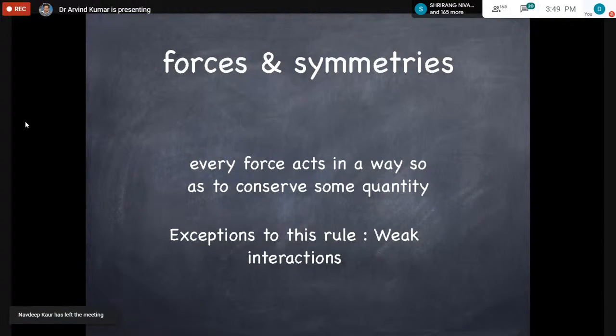So you're saying that if the force carrier is massive, maybe the symmetry is broken. Now that is the problem, and that took a long time to understand. It took about 20 to 30 years after the theory of QED was built to understand nature in terms of something called broken symmetries. Next slide.